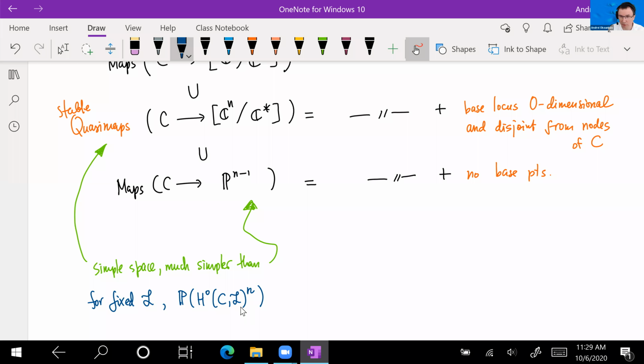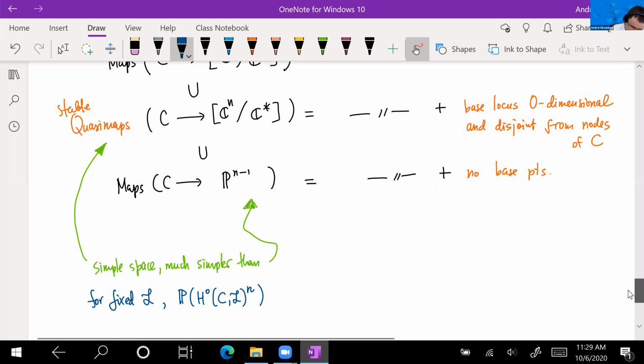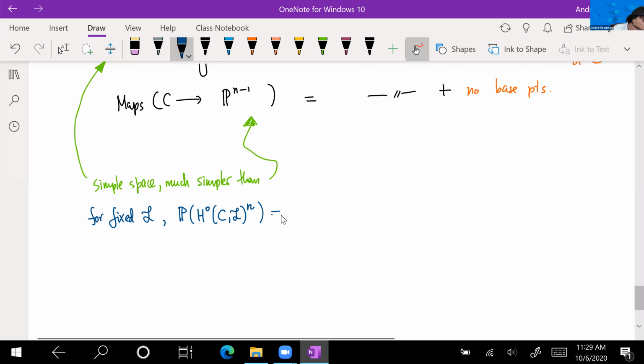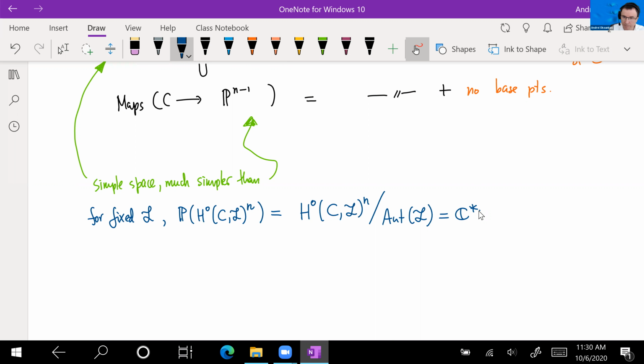We consider up to isomorphism. So the way to write it out is you take n copies of the sections and mod by automorphisms of my line bundle, which is C star. And if the line bundle moves, then that's a projective bundle over however the line bundle is going to move.